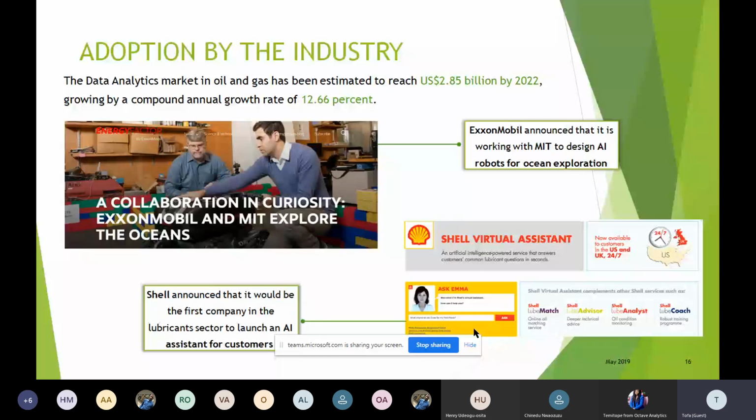ExxonMobil is working very closely with major companies in the US, developing robotic technology for oil exploration in deep oceans. And of course, you can see from this slide that Shell was actually the first to launch an AI assistant for oil and gas customers.